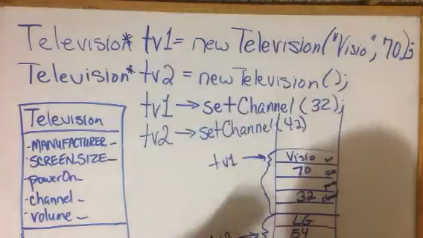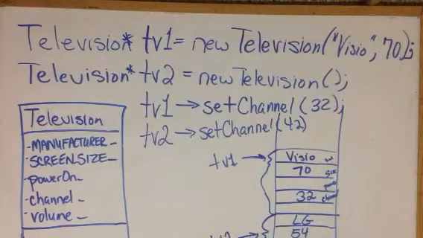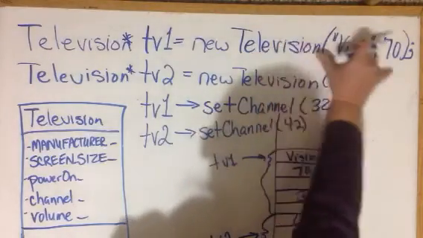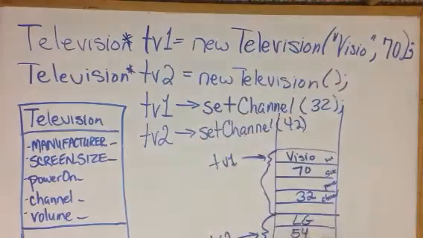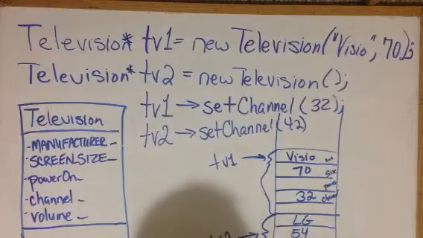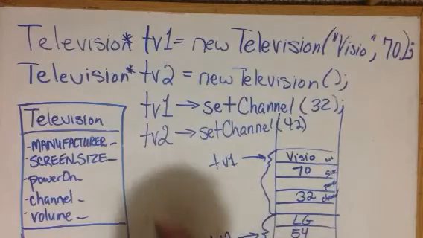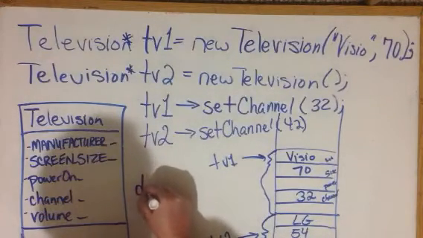So we've allocated this, and the constructor gets called when we do the new right here. But when does the destructor get called? Well, the destructor gets called when we do the delete.